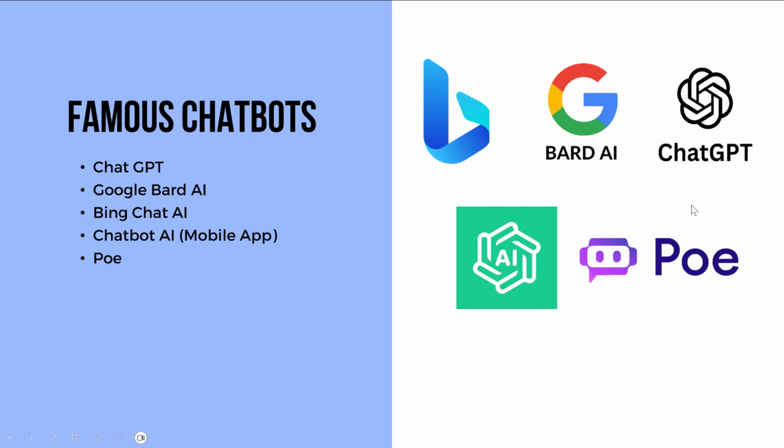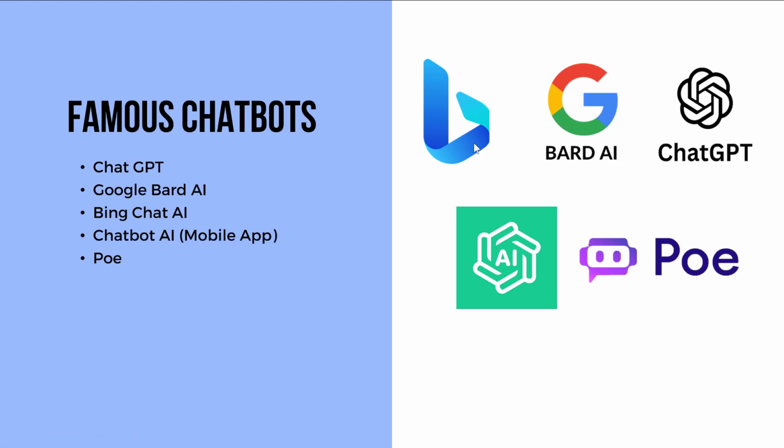We know that we have free versions and paid versions. Bard AI was launched by Google. You don't have to sign in to use it, and of course if you sign in, you are going to save your own conversations with your AI. It doesn't have an app to be downloaded on your mobile phone. It only works on the web.